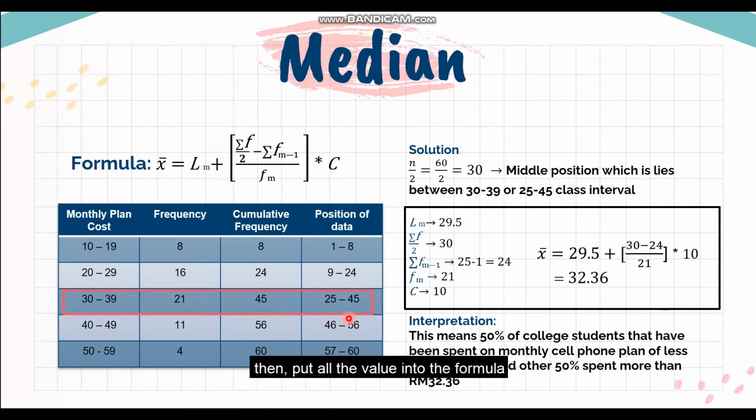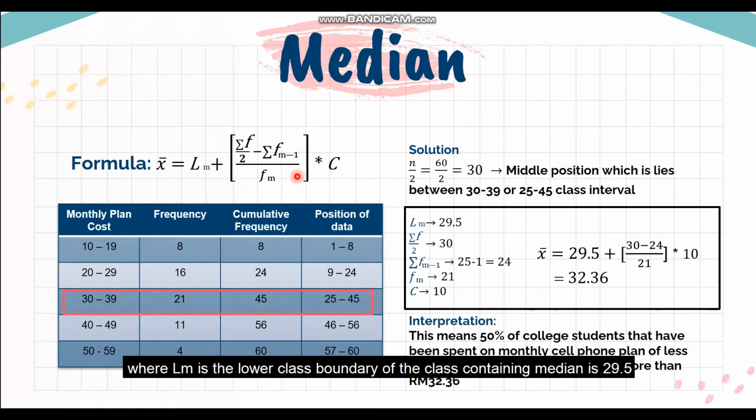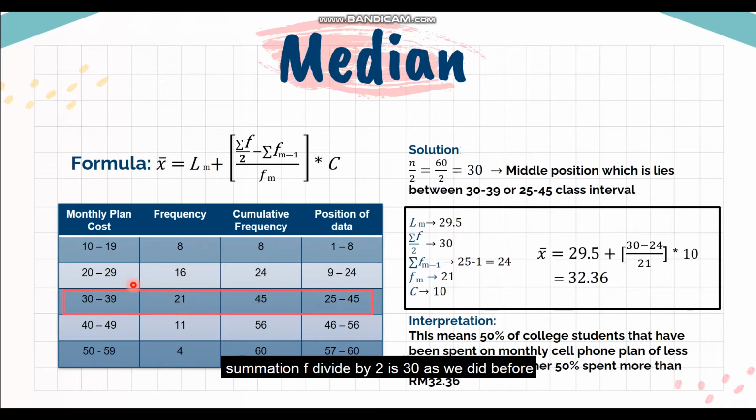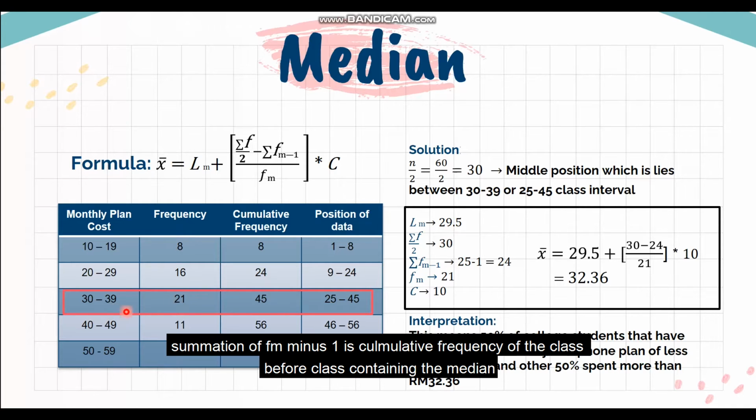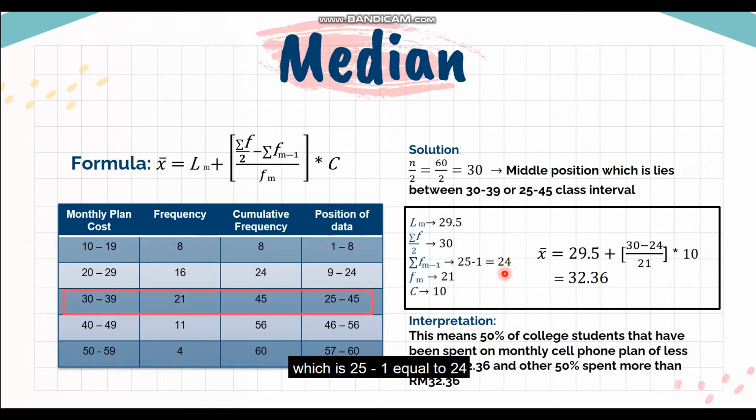Then we put all the values in the formula, where L1 is the lower class boundary of the class containing the median, which is 29.5. Summation f divided by 2 is 30 as we did before. Summation f before the median class is the cumulative frequency of the classes before the class containing the median, which is 25 minus 1, equals 24. f median is the frequency of the median class, which is 21, and lastly c is the width of the class, which is 10.